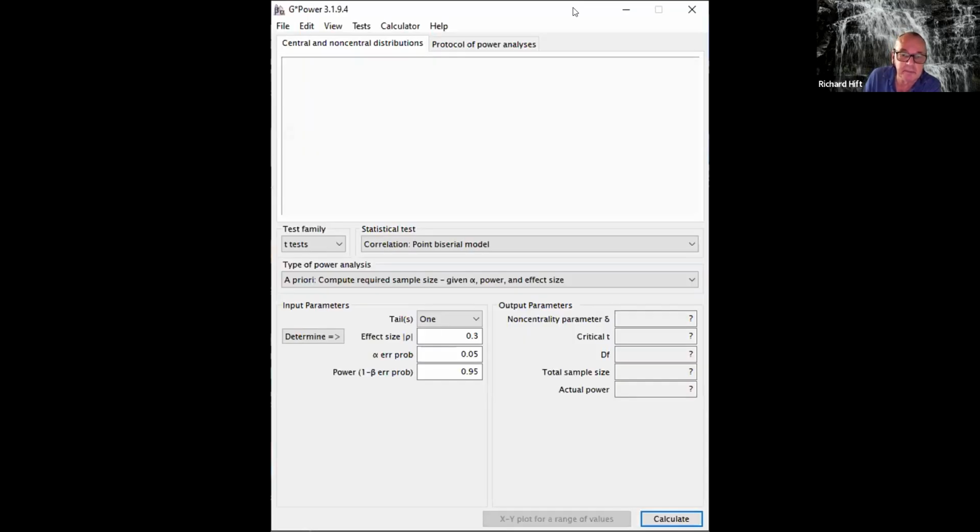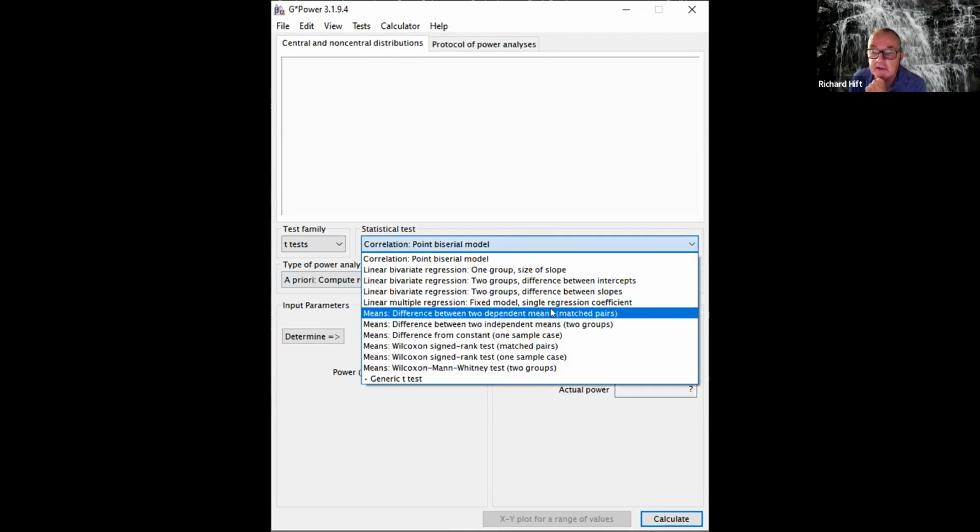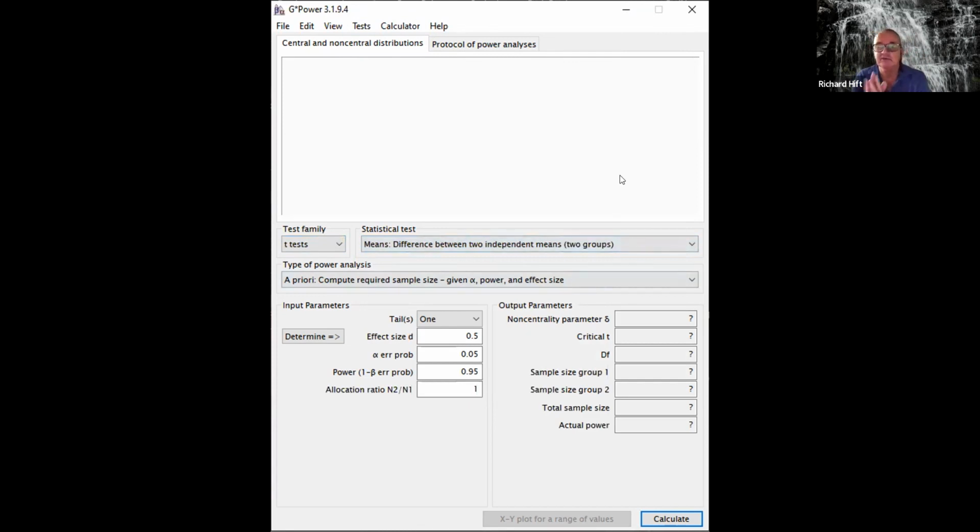It comes from some people in a German university that at very high level does all these calculations in all the different directions. Right, you can see it here. I'm going to do a t-test. And I'm going to do the difference between 2 independent means. That's the classic, okay? Difference between 2 groups of rats. Difference between 2 groups of patients in terms of blood pressure.